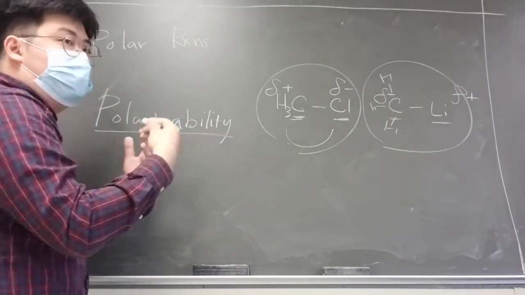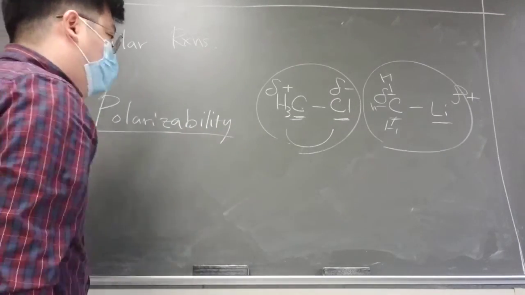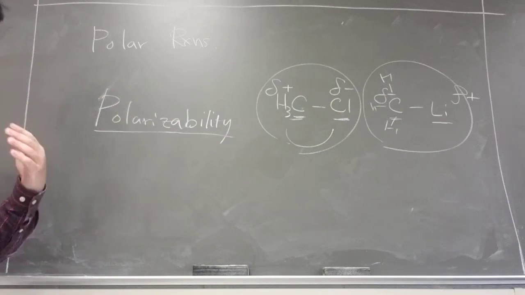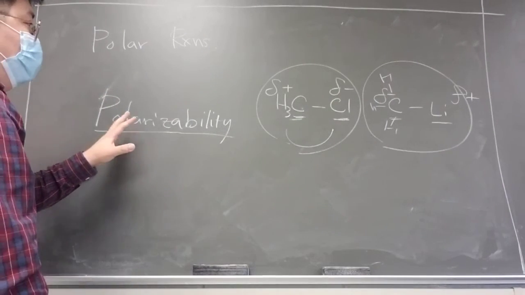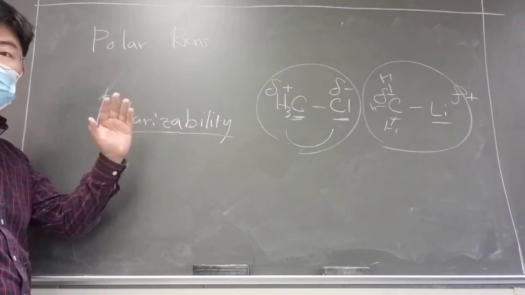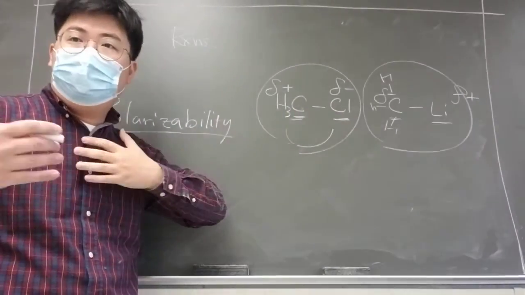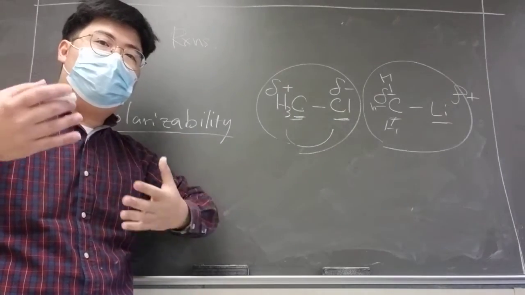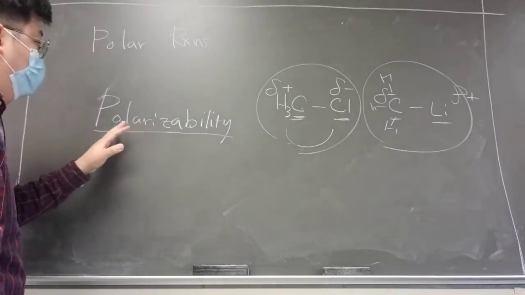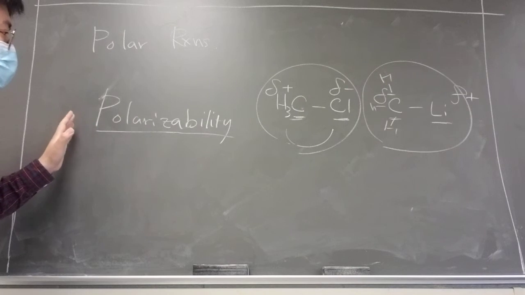And the ability is just the degree or the measure of their being polarized. So it's a similar concept to polarity. Polarity is when the elements show different electronegativity, creating dipole moments. This is more like a passive form.